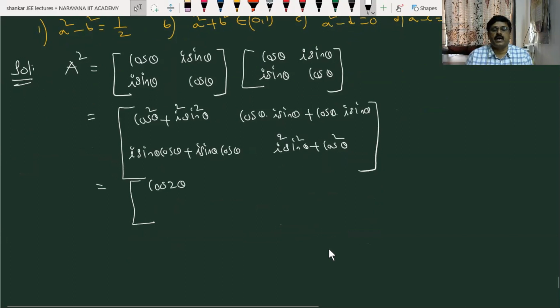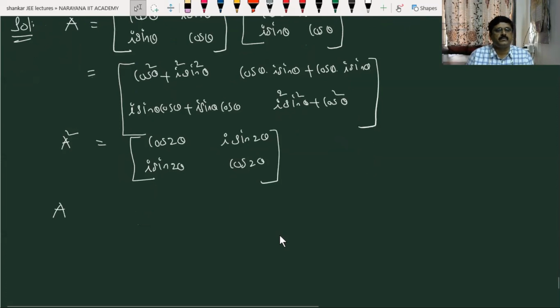This is i sin theta cos theta plus i sin theta cos theta, so 2i sin theta cos theta means i sin 2 theta. This is again the same, i sin 2 theta. This one, cos square theta minus sin square theta, is cos 2 theta. Therefore, I got A square value like this, students.